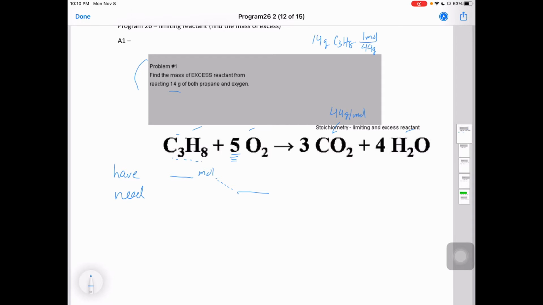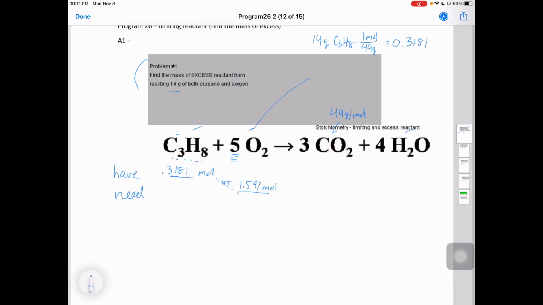So if I take 14 and convert to moles, that will be 14 divided by 44, which is 0.3181 moles, going to 4 sig figs for now. If I had 0.3181, I need 5 times as much, which is 1.591 moles.